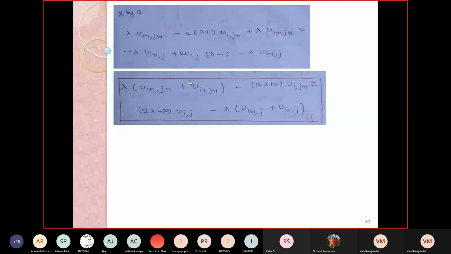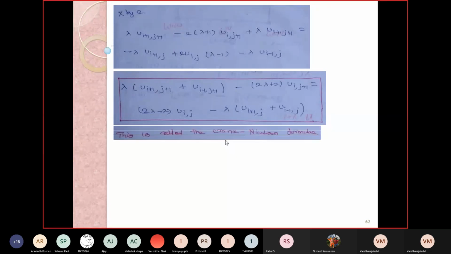Here I am multiplying the 2 with lambda plus 1, giving 2 lambda plus 2. Here also I have minus lambda, so I am taking the minus lambda out, and I am multiplying the 2 with lambda minus 1. This is the formula, called the Crank Nicolson formula.